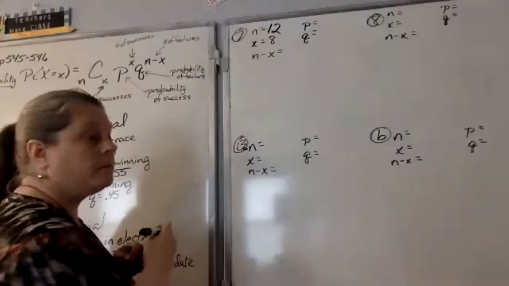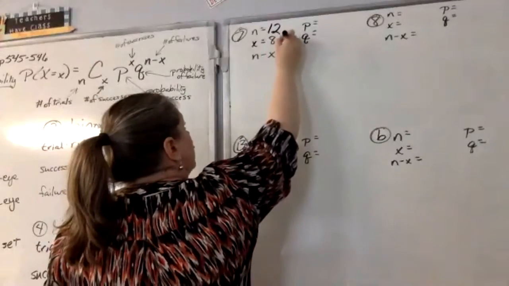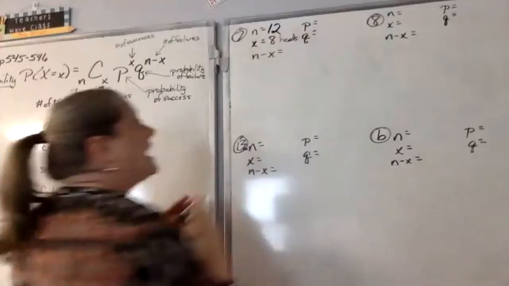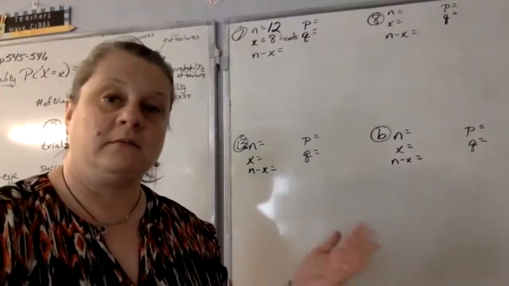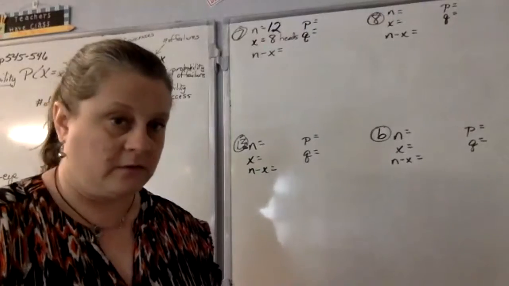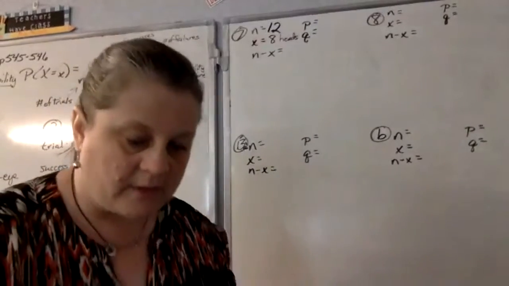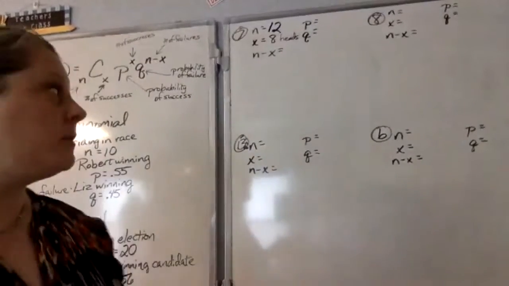8, right? Now, they're considering heads to be a success, so the failure would be getting tails.